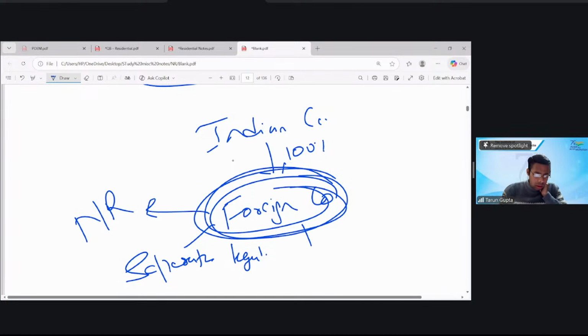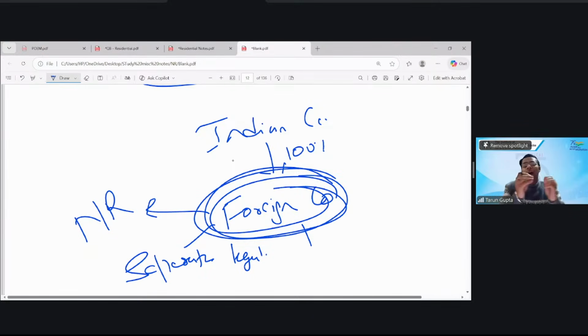What do you think? Is it easy to determine the control and management? See, if you understand very broadly, POEM means where the brain resides, where the actual decisions are taken, the key management and commercial decisions. It's not about where the hands or legs are, but where the brain is.